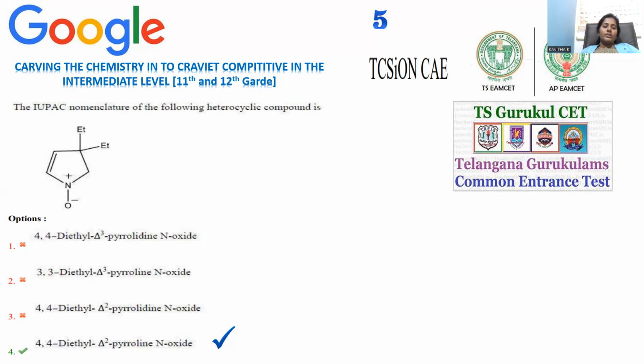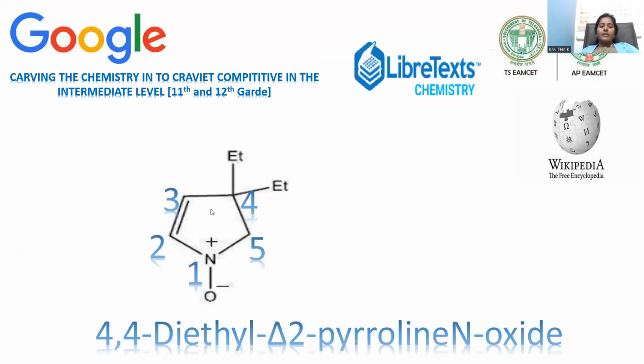There are so many options. The required probable answer is 4,4-diethyl delta-1-pyrroline N-oxide, which is the correct answer. Let me give the proper justification why this answer is the correct one. So let me show the numbering of this compound. If you go with the numbering in this direction, on the third carbon you can find diethyl. But I am going to make the numbering from the left hand side like this.